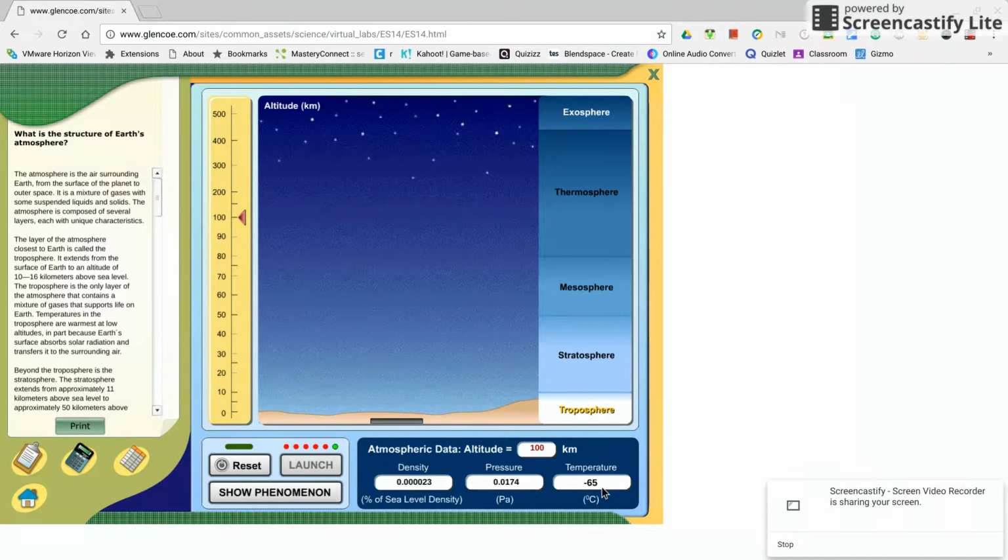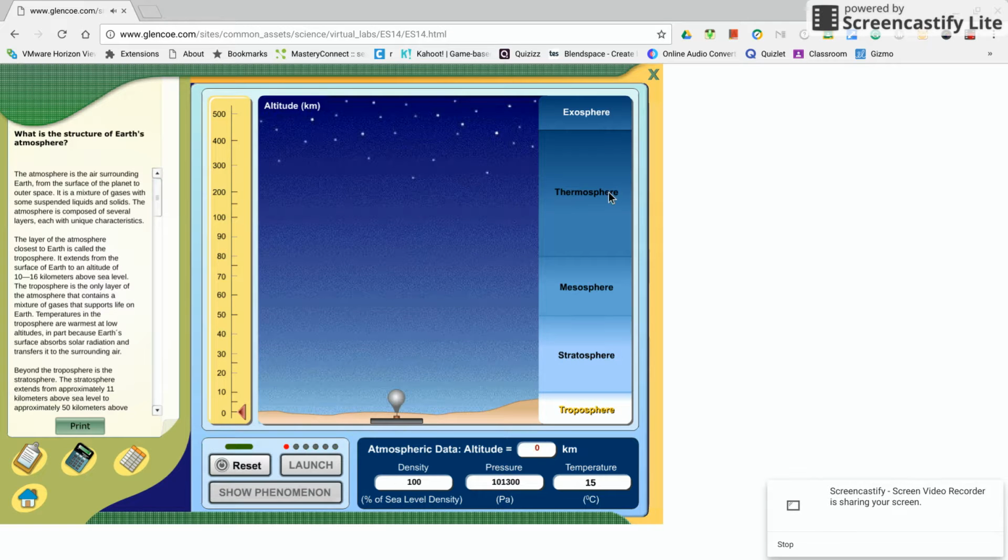The mesosphere, just like the troposphere, has the temperature pattern that as you go higher, the temperature is going to decrease. Pressure once again has decreased and density has decreased. That pattern stays true. The higher you go, the less air density there is and the less pressure there is. And depending upon what layer you're in, you'll see a different temperature pattern.